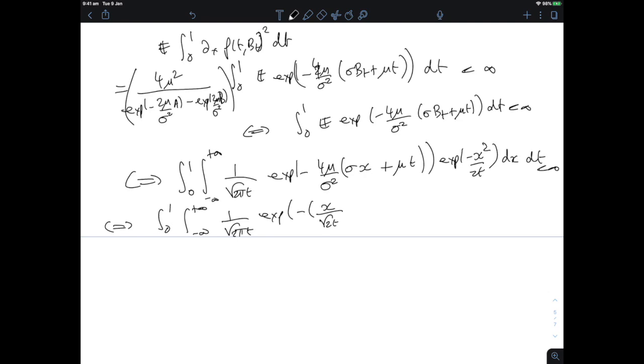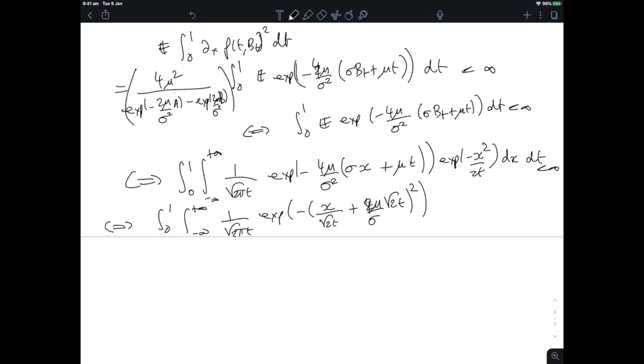I want the cross term to be 4 mu over sigma squared, so this is plus 2 mu over sigma times square root of 2t. And then you square that.